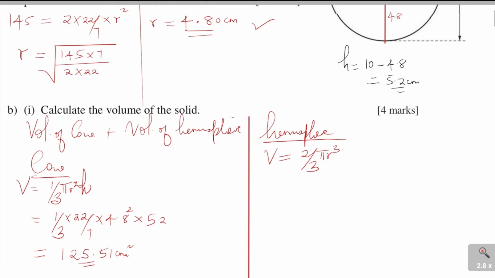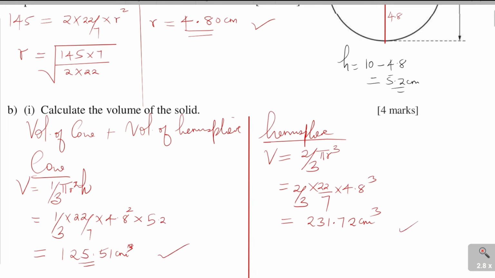So this will be 2/3 multiplied by 22/7 times the radius, which is 4.8 cubed. 2/3 times pi, so we multiply these, and this will be 44 multiplied by 4.8 cubed, and then you divide by 21. You get 231.72 centimeters cubed. This is cubed, not squared. For the cone, again, that was 125.51 centimeters cubed.